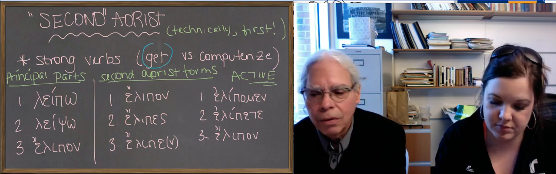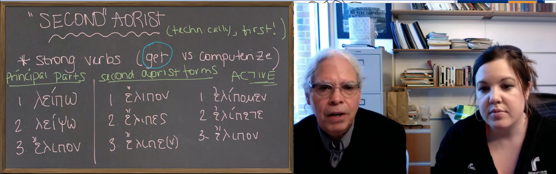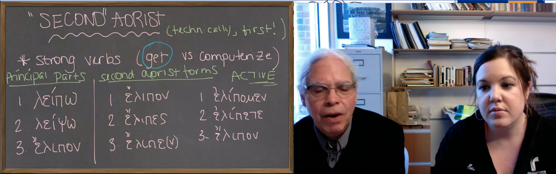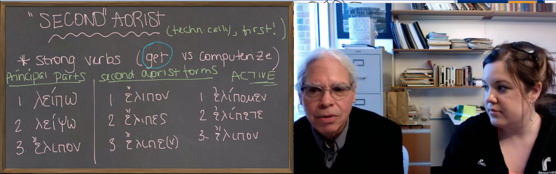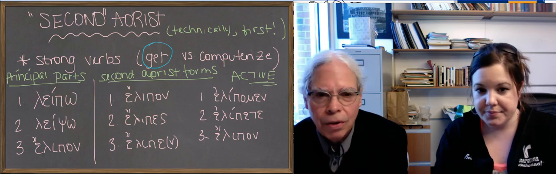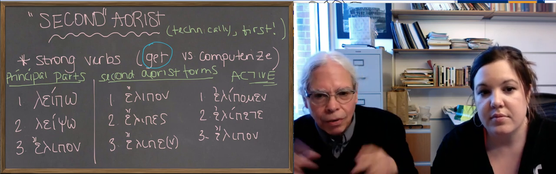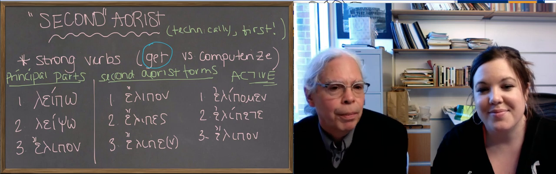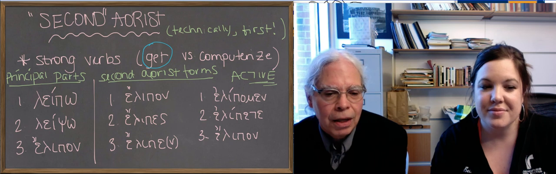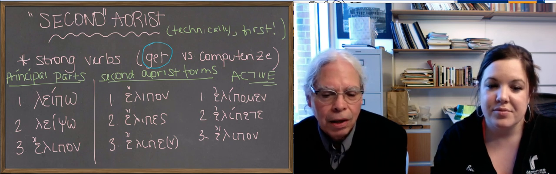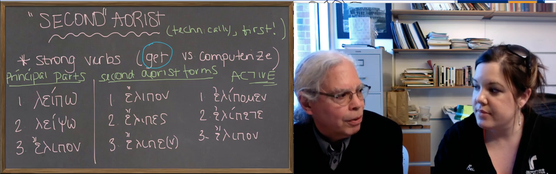And then there are the huge majority of other verbs, like computerize, where you make the past by not changing any vowels, but adding a D, like I computerize, I computerized. So the computerized verbs are regular. The get verbs are so-called irregular. They're just older, and they obey older rules. These are older categories that are in language. They're either in very common words or in very rare ones.